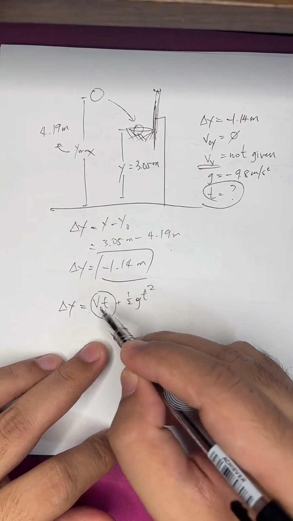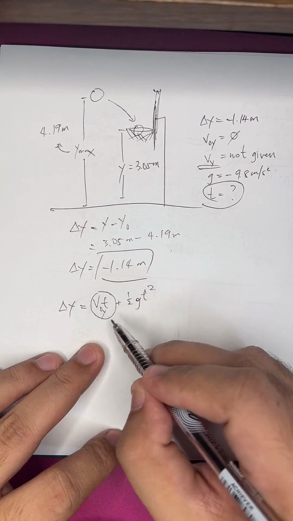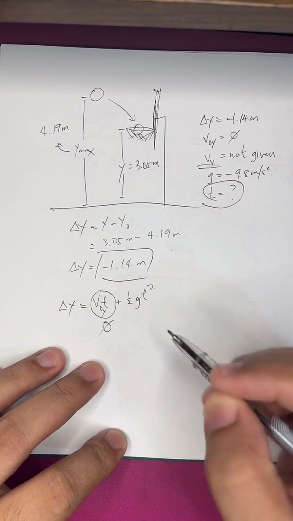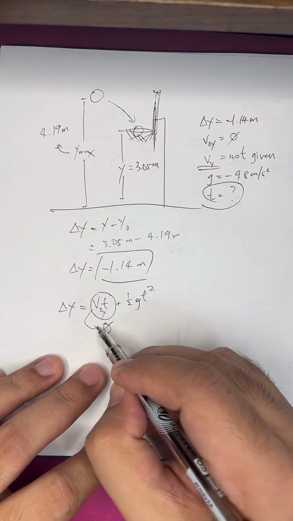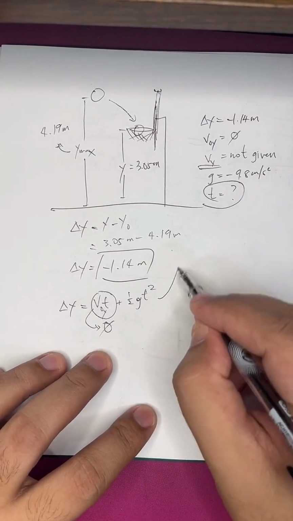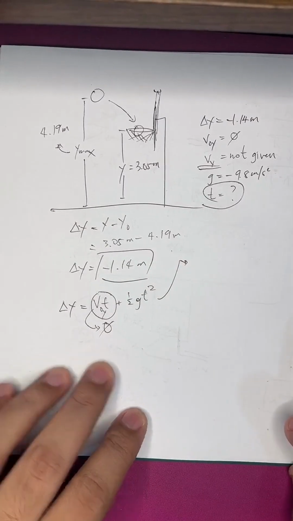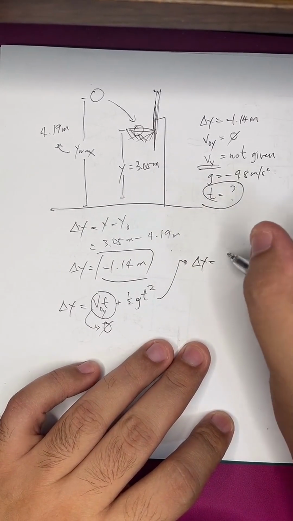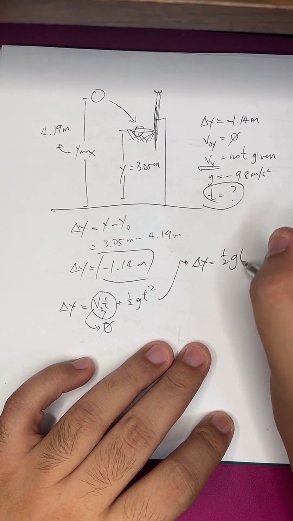Here, this expression, v naught y t, is actually 0 since v naught y is 0. So what we will be using as our formula would be delta y equals 1/2 g t squared.